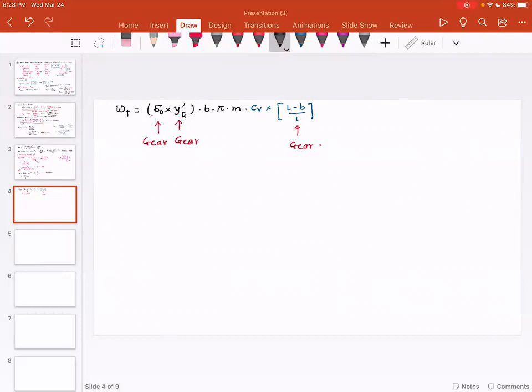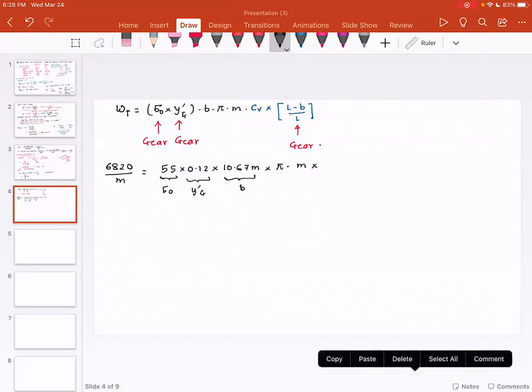So let's substitute the values. Sigma O multiplied by 0.12 multiplied by 10.67m, which is B. So this is sigma O, y prime G, this is B, pi, m.